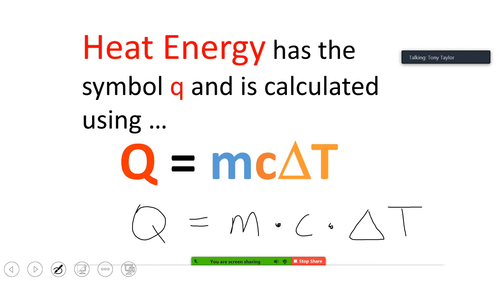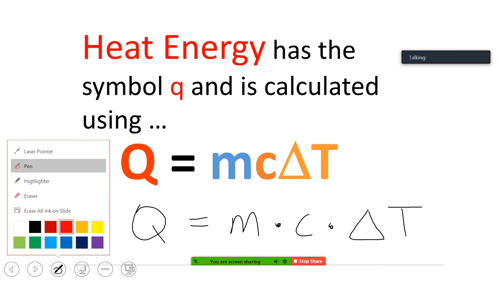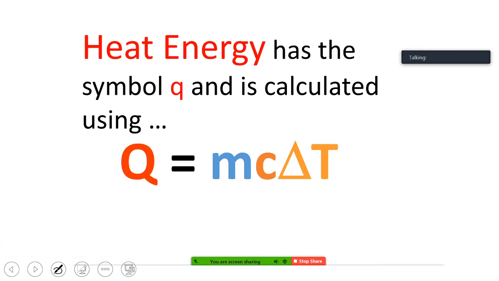And the last thing that I want to say here. If you guys see right here, this delta T, remember what delta T means. Delta T means change in temperature. It is always the final temperature of a substance minus its initial temperature.